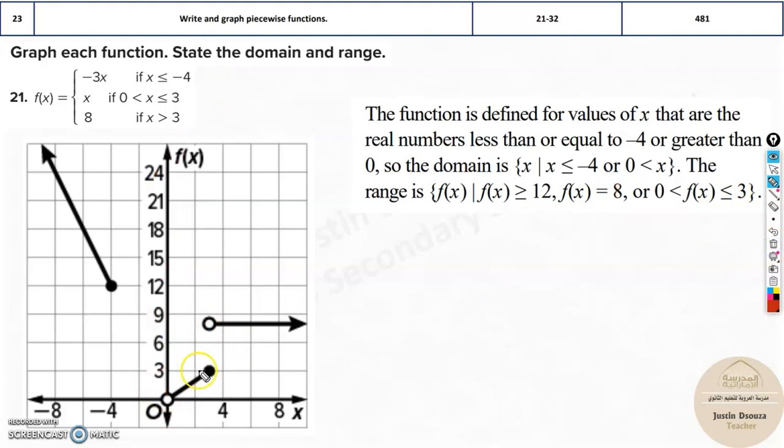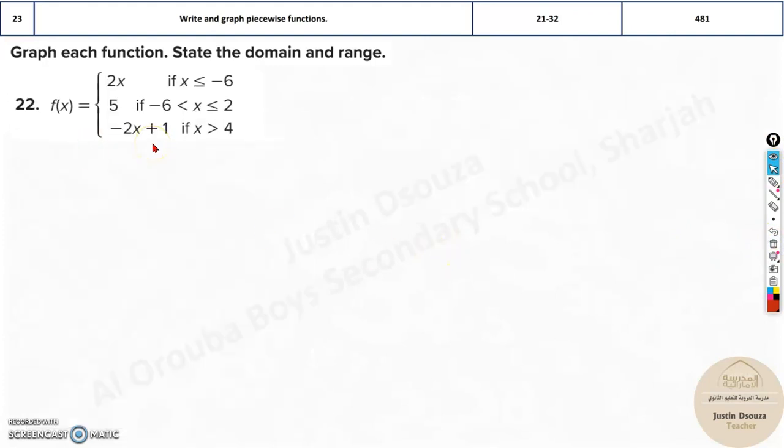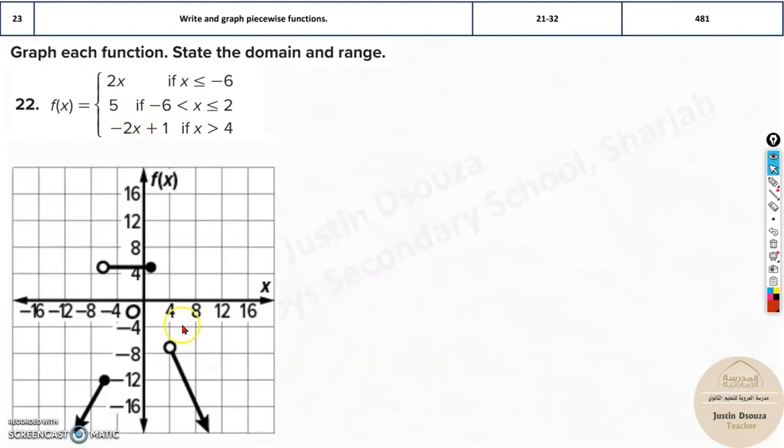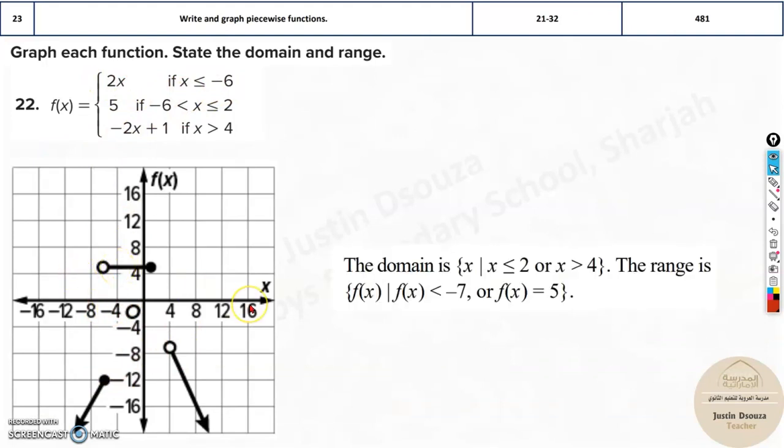Now over here, less than or equal to 3, but this is not less than because it's a hole. Very simple. Just looking at this, you can write the domain and range. Very basic. Similarly, you can solve the others. They are just the same thing, only values are different. Make sure you take a few x values within this range, plot 2 points. That's enough, you can easily solve it.